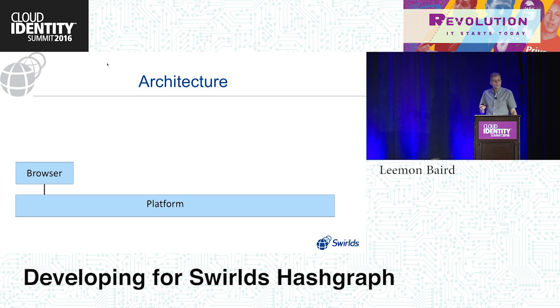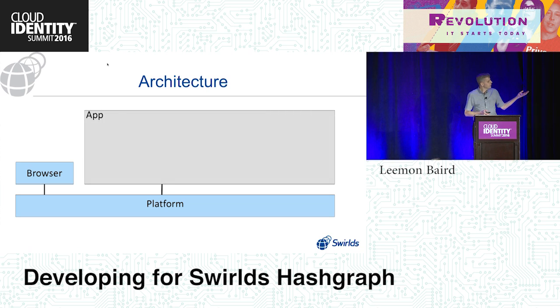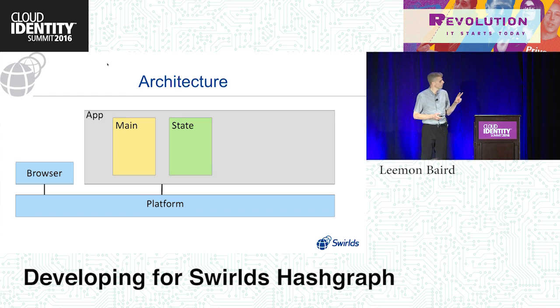Now, of course, what we want to do is build an app that can run on this platform. So here's your app. You're going to build this app to run on the platform, and your app, when you build it, has two parts. The app has two classes that you need to write in Java.